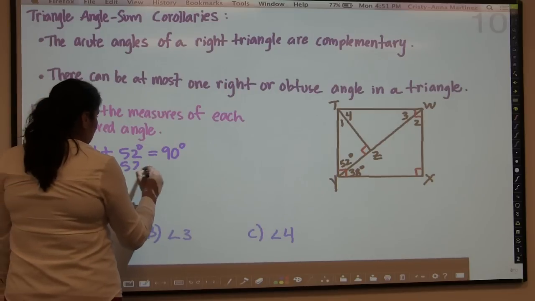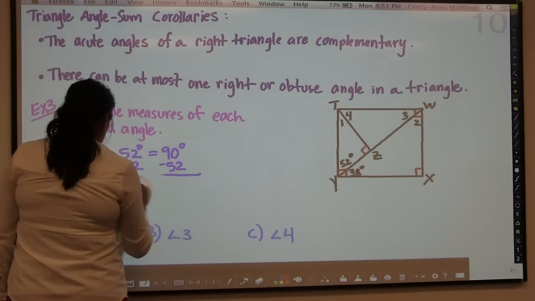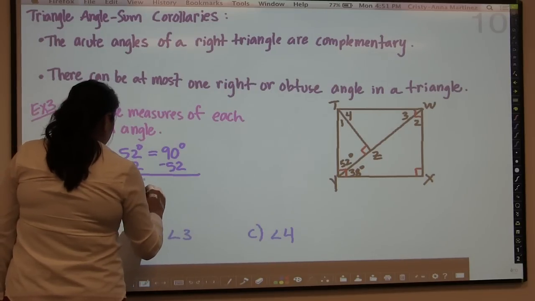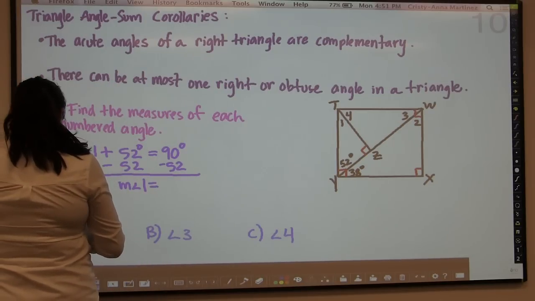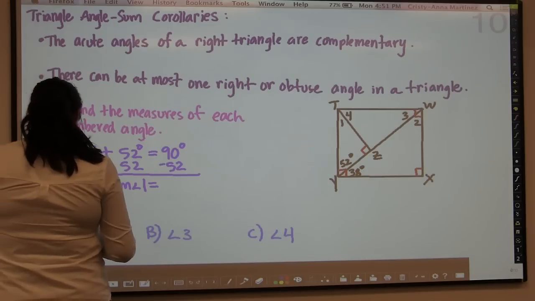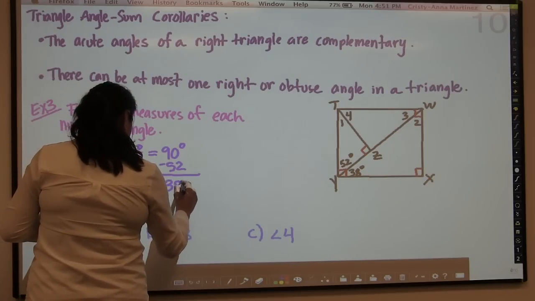So I just subtract 52. And the measurement of angle 1 is going to be 38 degrees.